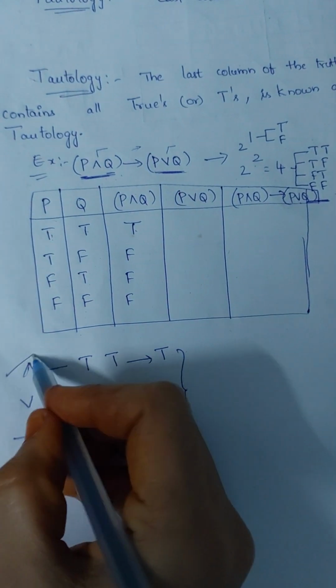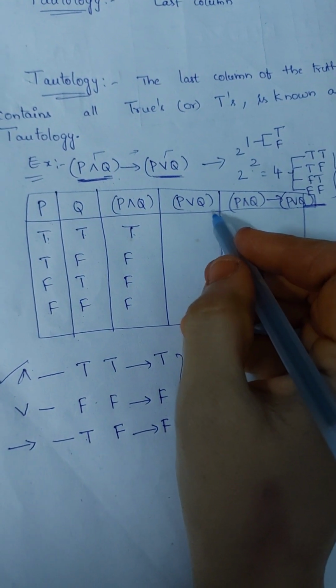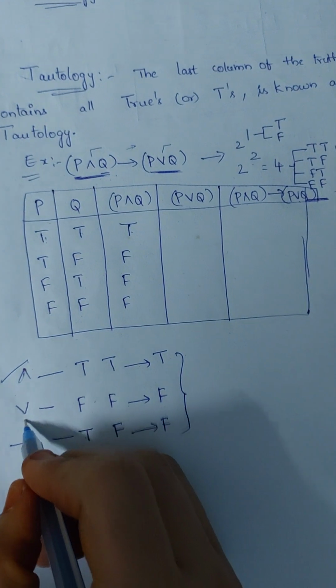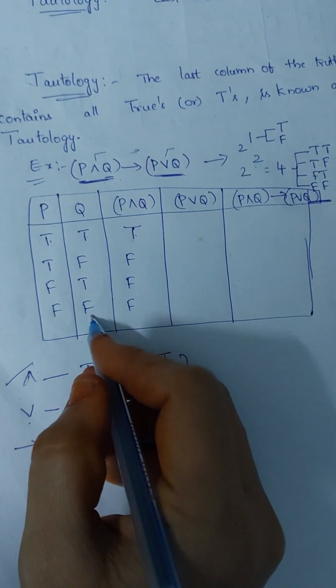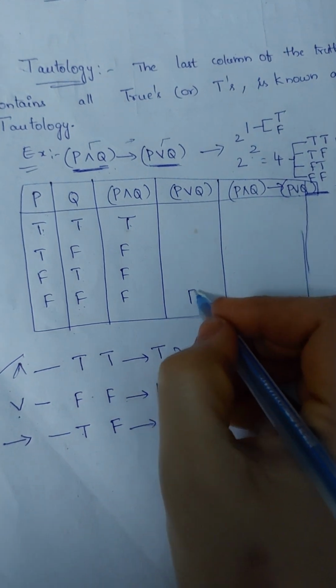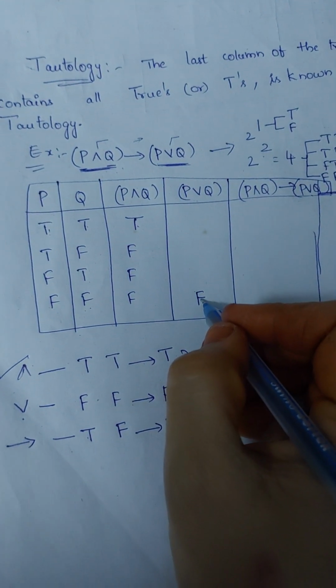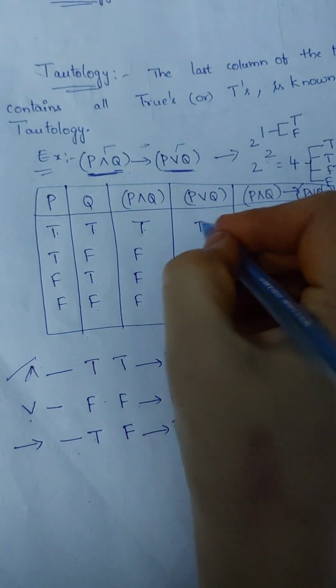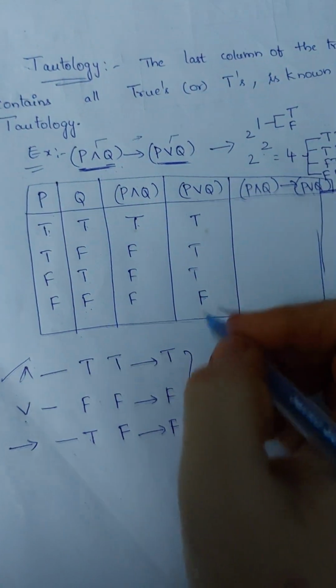This is the AND connective. Next is P or Q, which is false only when both values are false. Both values false are available in the last row, so there we produce false. Remaining are all truths.